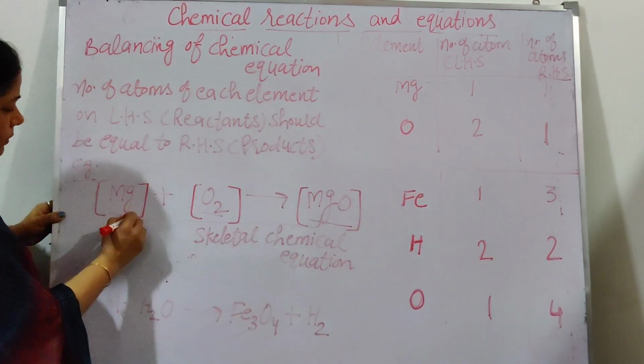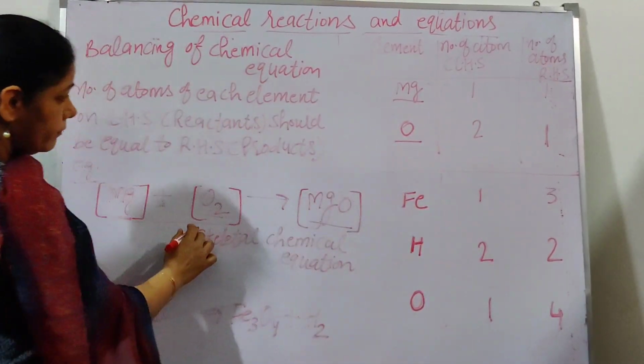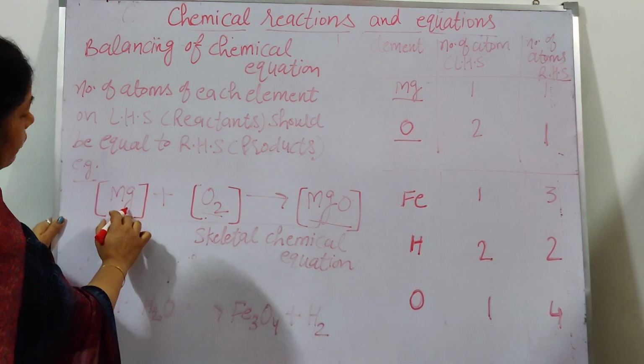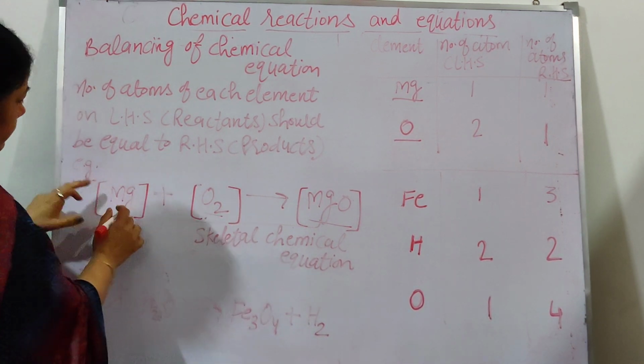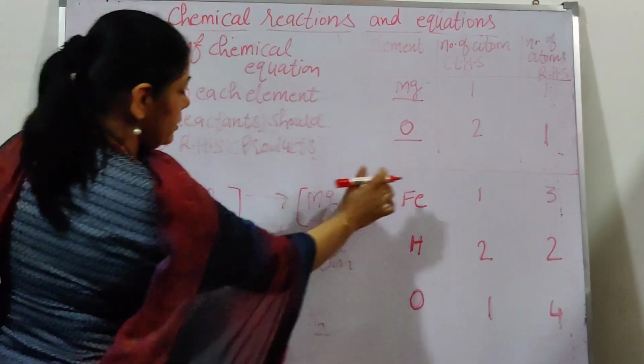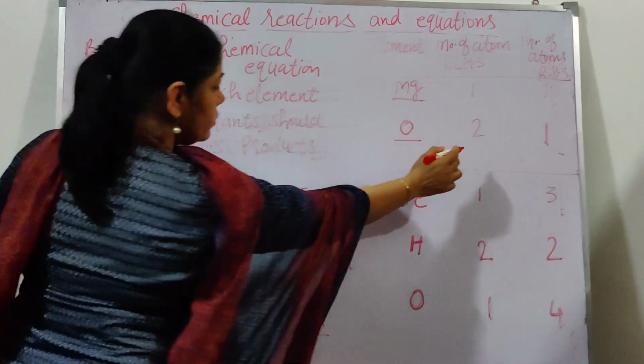First element magnesium, second one is oxygen. Number of atoms of magnesium, you can see if there is nothing there, then it is 1. Then oxygen, O2. It means number of atoms of oxygen is 2.